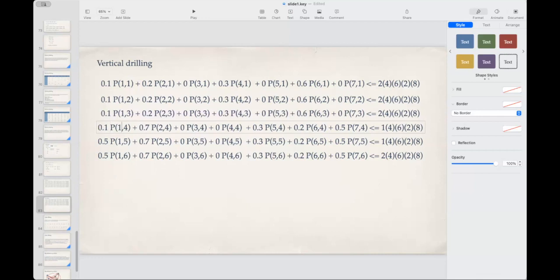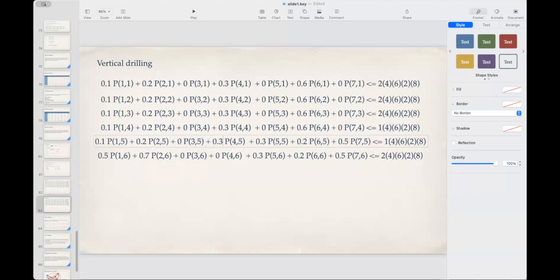Also, follow this: 0.2, 0, and this 0.3, 0, 0.6. Now you know the reason I keep 0 inside this table. 0.1, 0.2, 0, then 0.3, 0, 0.6, and 0 again.